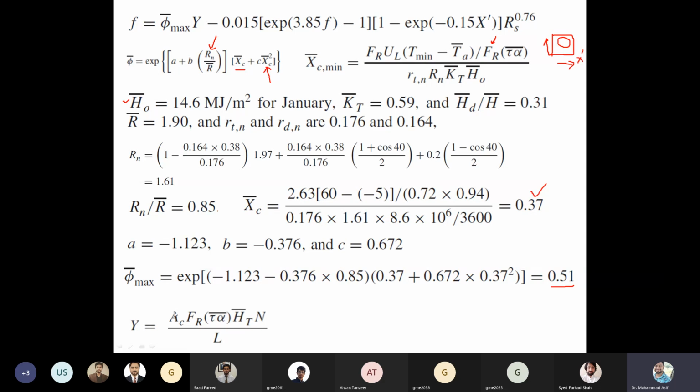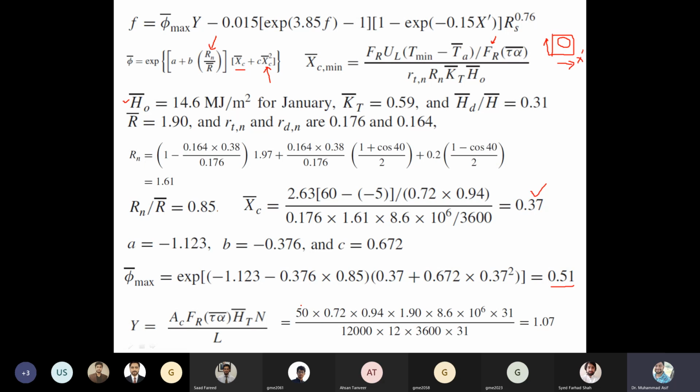Collector surface area is given, FR value is given, the product value is given, HT value is given, and the number of days for January, 31, and the load is also given, which is equal to some kilowatt for, I think, 8 hours, for 12 hours, right? So you can put in the values.